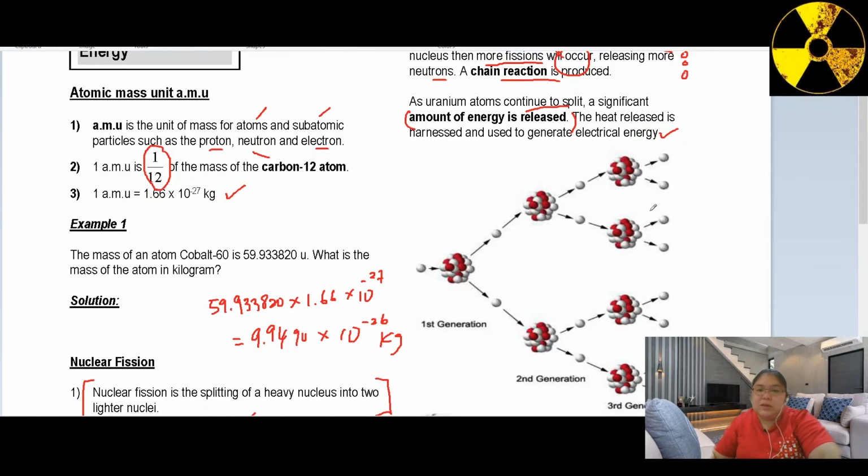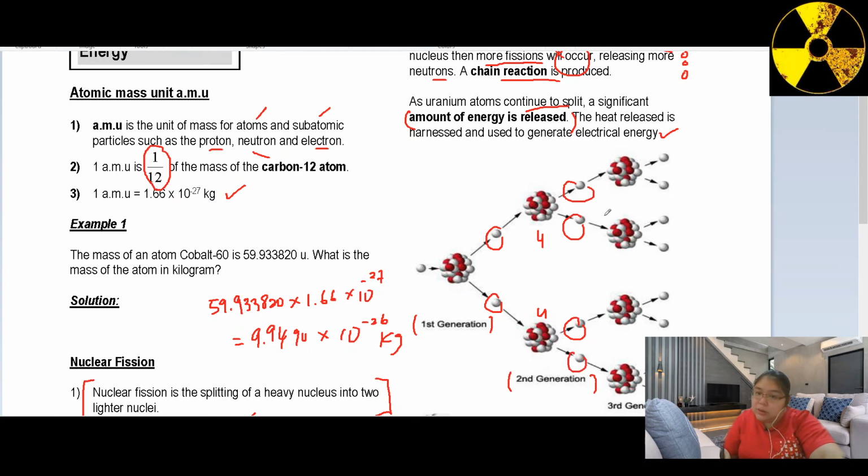Let's see an example for the chain reaction. This one is the first generation. After that this one is the second generation. Can you see the neutron go to find another uranium? After that this uranium will produce 2 neutrons again.